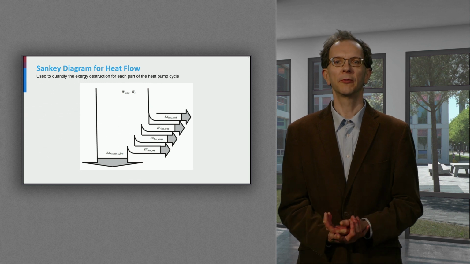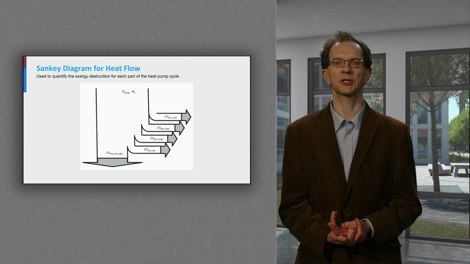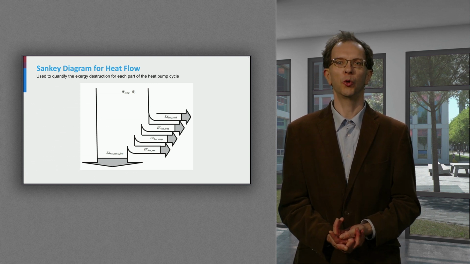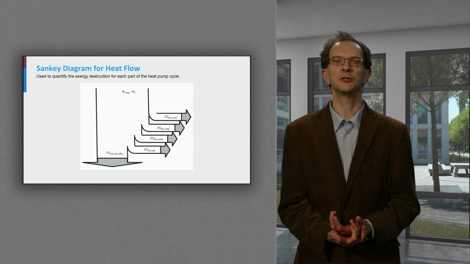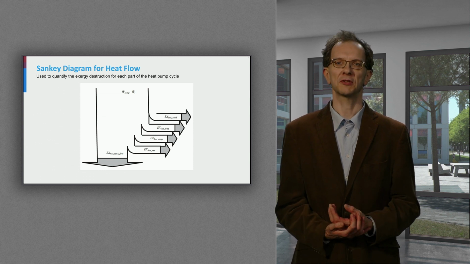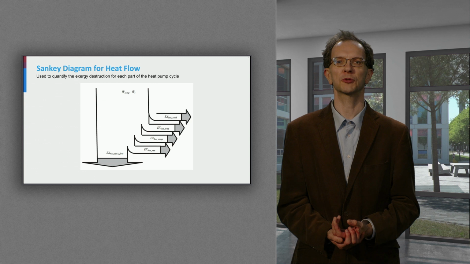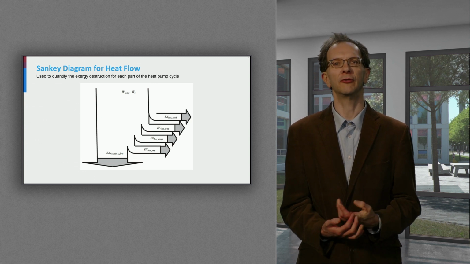For a heat pump, we can quantify the exergy destruction for each part of the heat pump cycle in the so-called Sankey diagram. The work provided by the compressor is pure exergy. A part of this exergy is lost due to irreversible processes in the compressor, the evaporator, condenser and the valve.